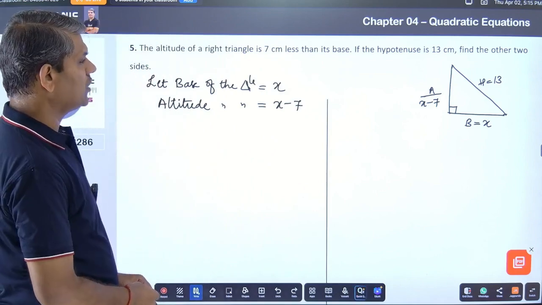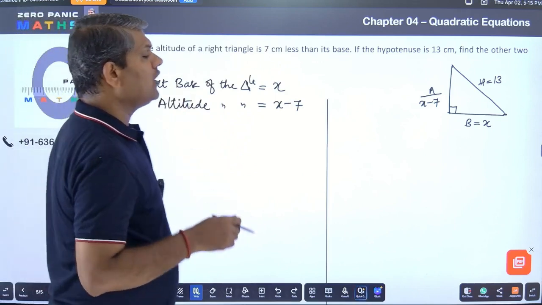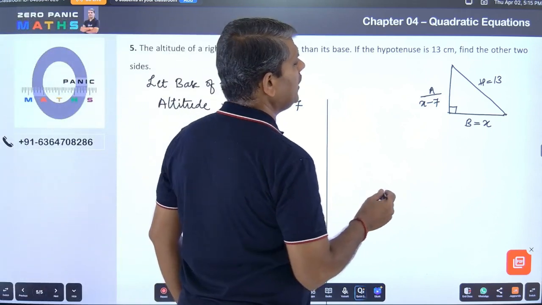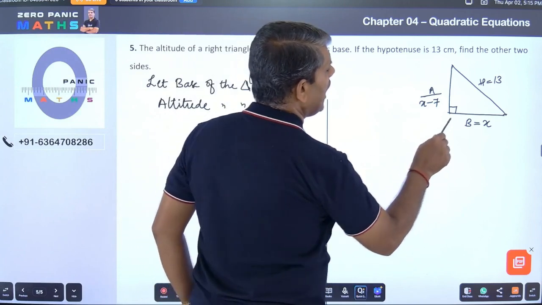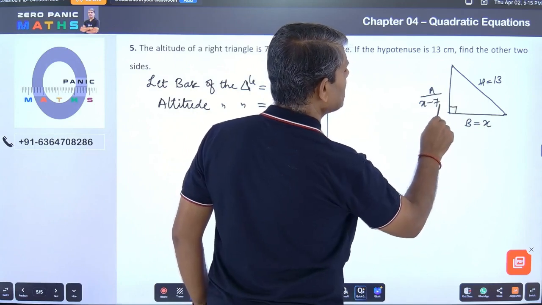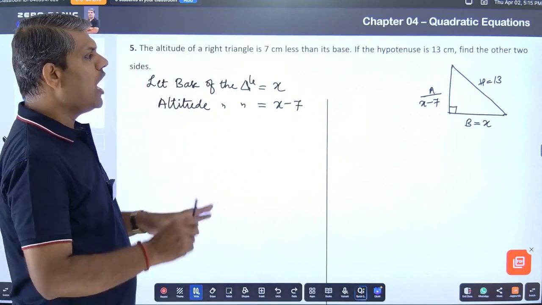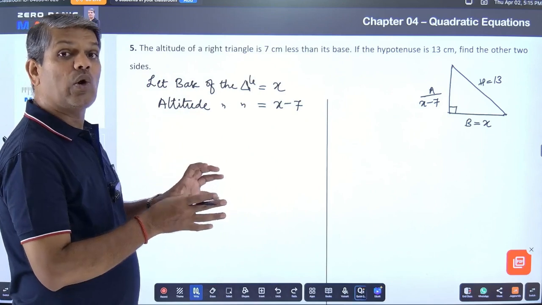And hypotenuse they have already given as 13. But the important thing that we should be observing here is, how can I apply the given information x minus 7 and hypotenuse 13 to frame the quadratic equation?